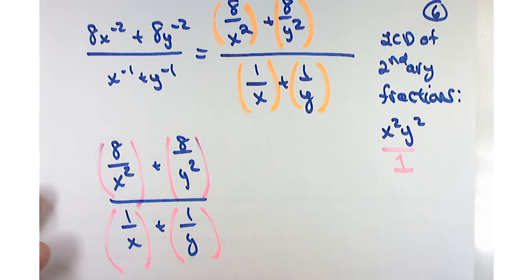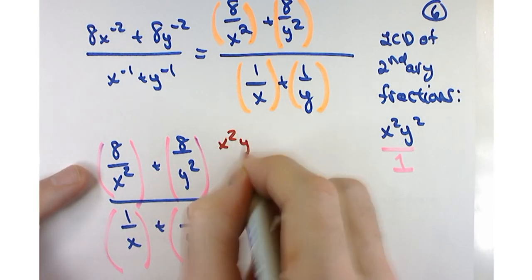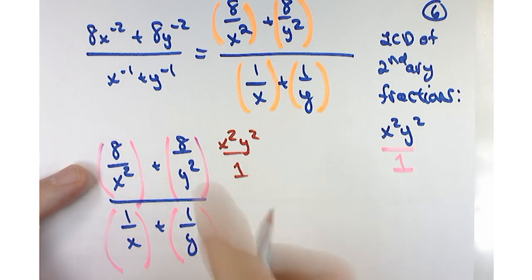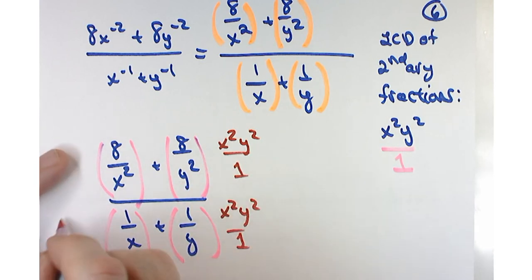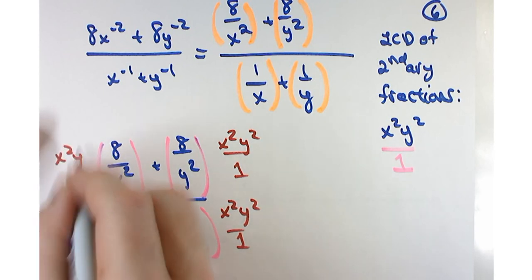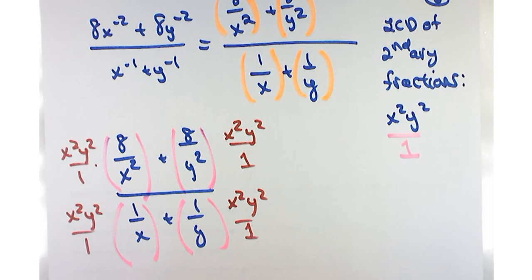So how's it going to look? Well, it's going to be x squared, y squared over 1 times this one, x squared, y squared over 1 times this one. And we're essentially doing the same thing that we did a moment ago.